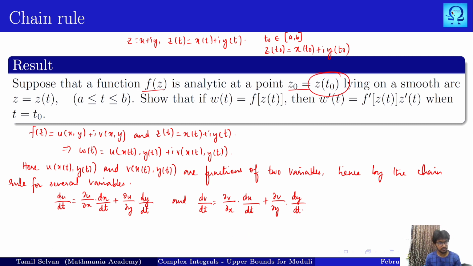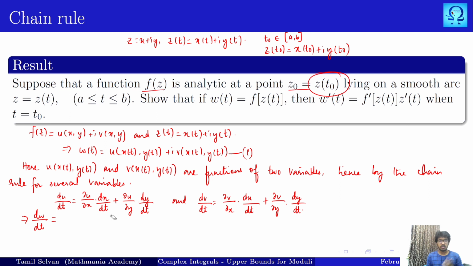So first of all, find the derivative du upon dt and dv upon dt. Substitute these values into, just let me mark this as equation 1. If you plug in the values of this into that, you would get what is required for you. Now if we just directly substitute these values into it, we would get dw upon dt is going to be what? Del u upon del x.